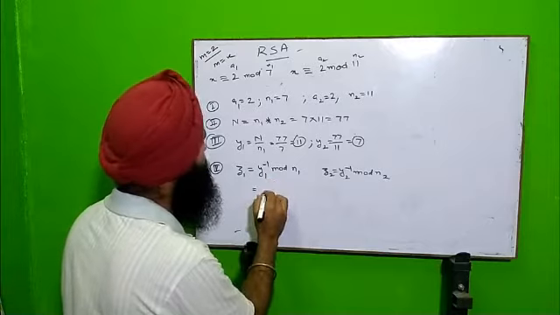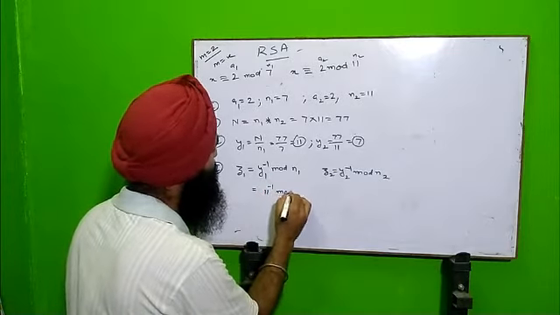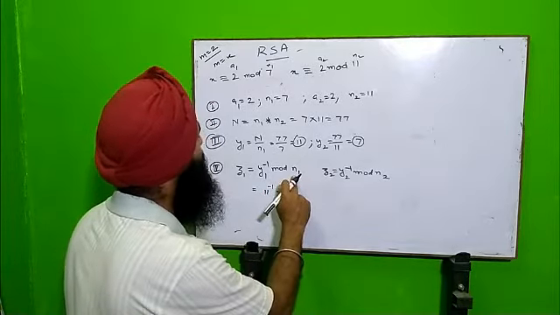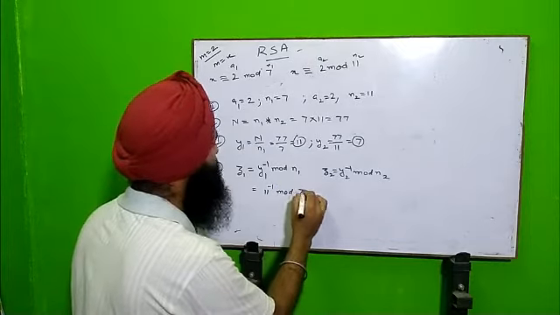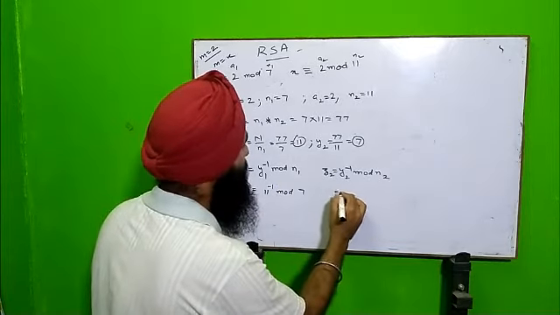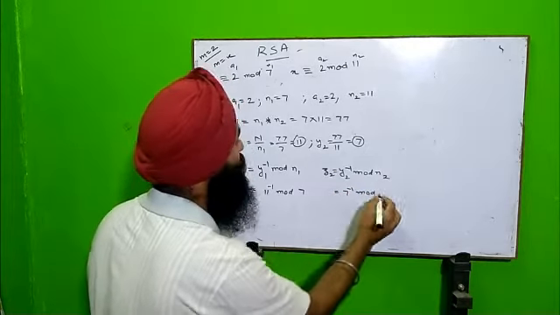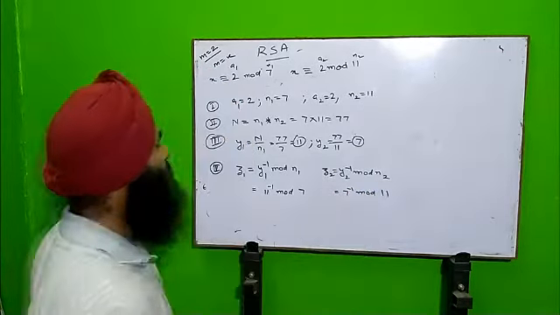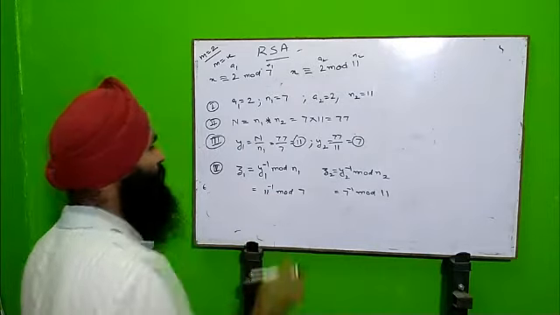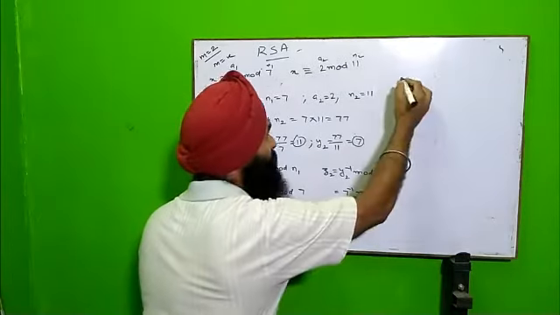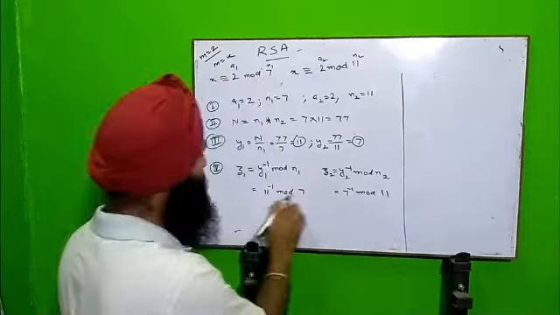Y1 is 11 inverse mod n1 is 7, and here y2 is 7 inverse mod n2 is 11. So now again we are going to apply the standard inverse algorithm to solve these two equations.